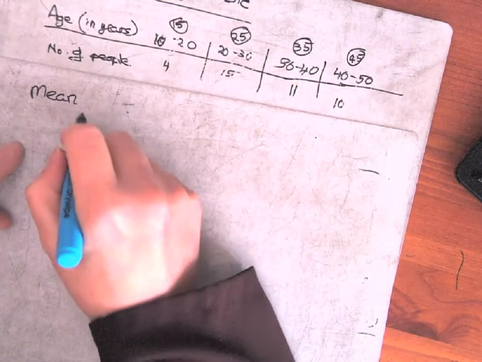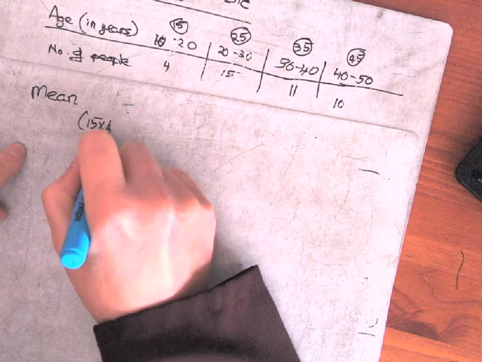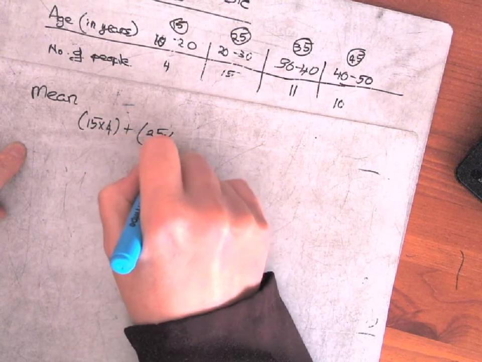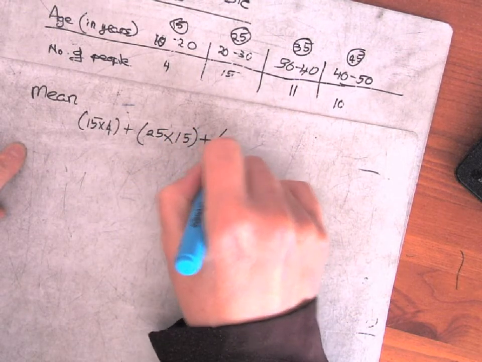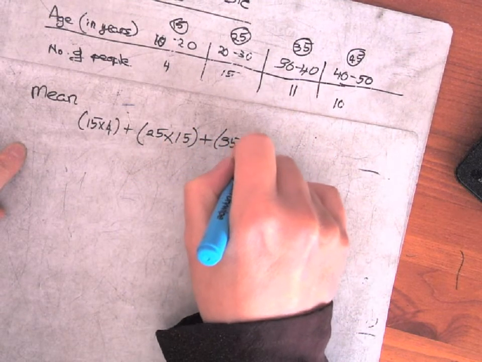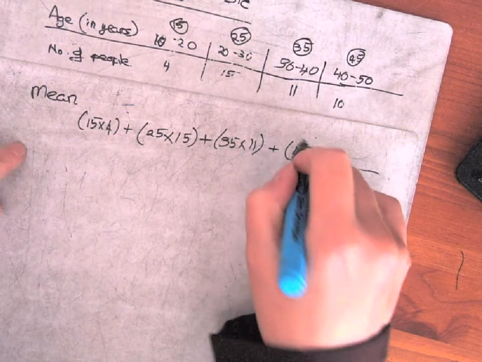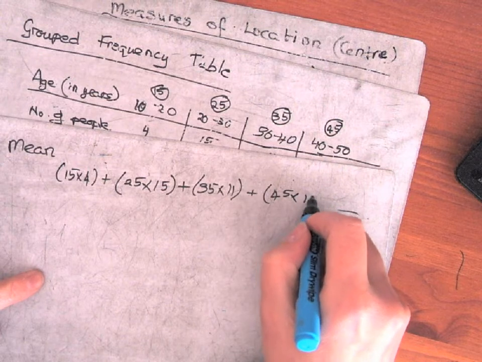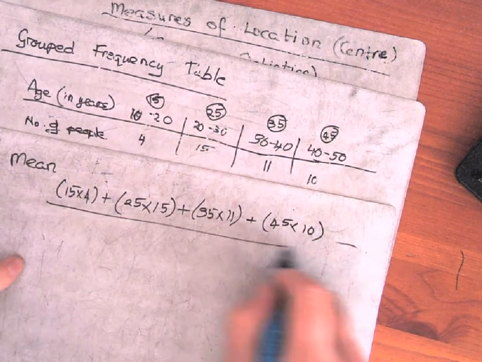Then you go 15 by 4, plus 25 by 15, plus 35 by 11, plus 45 by 10, and then divide by the total number of people.